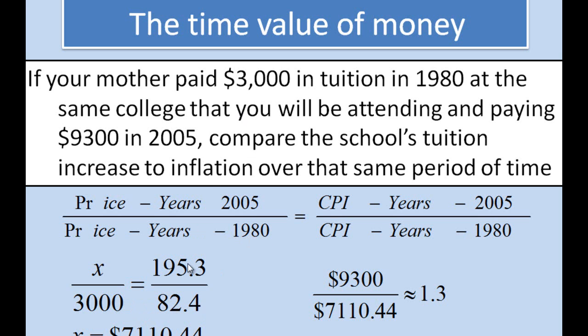Now, using cross multiplication, we compute X, which is 7,110 and 44 cents. When you divide, you get the ratio increasing by 0.3, so 30%.